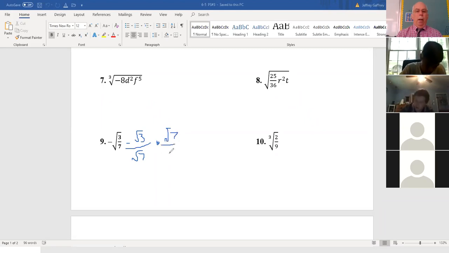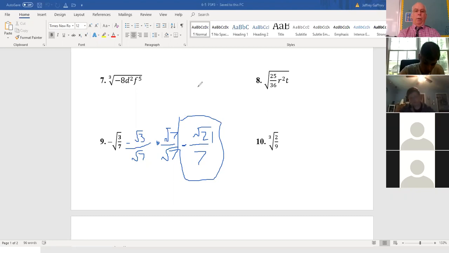And kind of like an equation, what I do to the left side, I've got to do to the right side. Well, what I do to the numerator, I've got to do to the denominator, all right? So radical 7 times radical 7 is radical 49, or itself times itself is going to be itself. So that's 7 on the bottom and 21 under the radical on the top. And I'll put the negative sign right there. So there's your final answer.